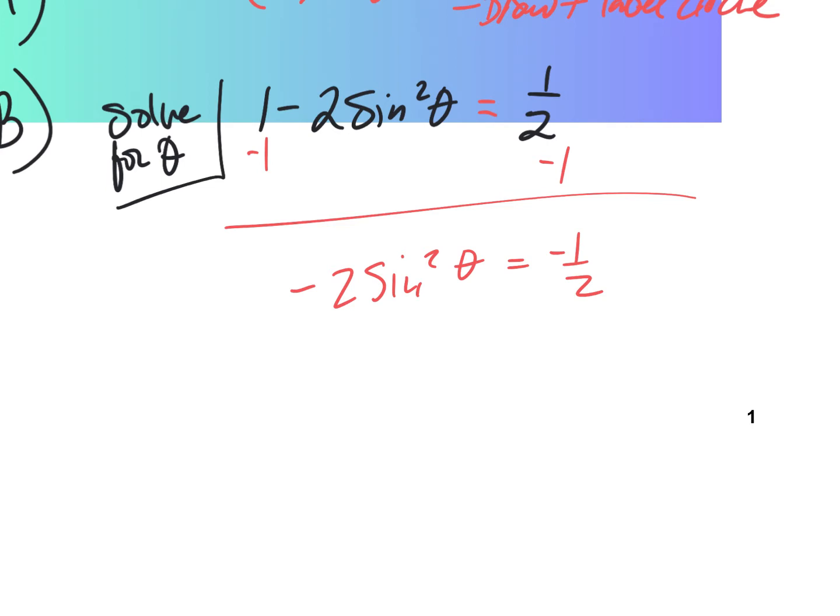I see lots of writing on lots of screens. You know what to do next? You got to get rid of the -2. Yeah, nice. I'm going to choose to multiply by -1/2, which is like dividing by -2 on the other side. And then I get sine squared theta is equal to 1/4.